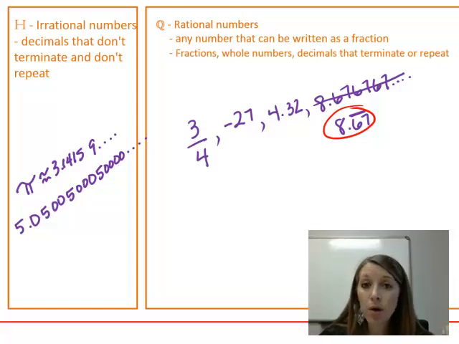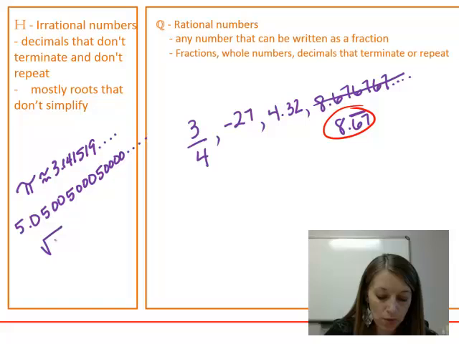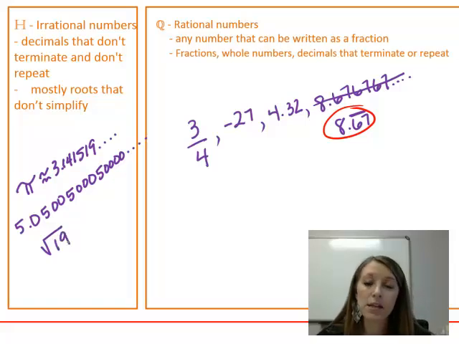But actually, most of the numbers that fit into this group are square roots or cube roots or any type of roots that don't simplify evenly. So an example of that might be the square root of 19, because there is no number times itself exactly that gives me 19. But be careful, not all roots fit into the irrational group.